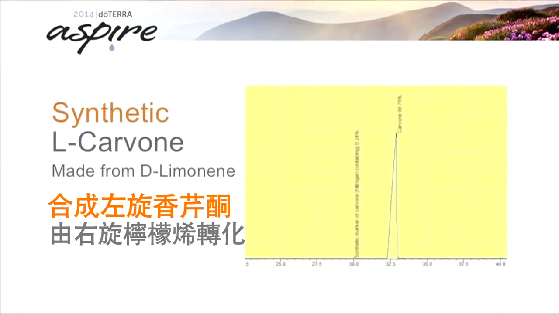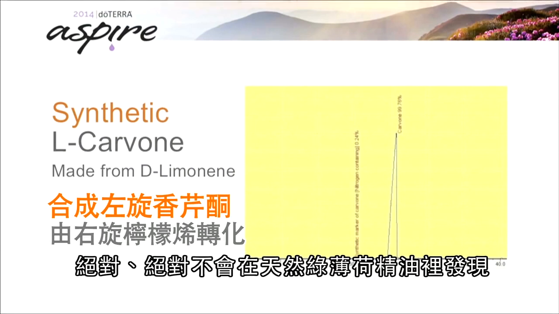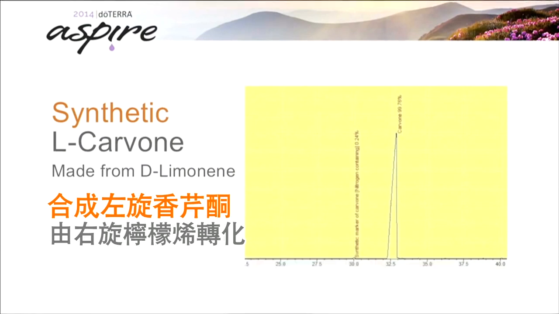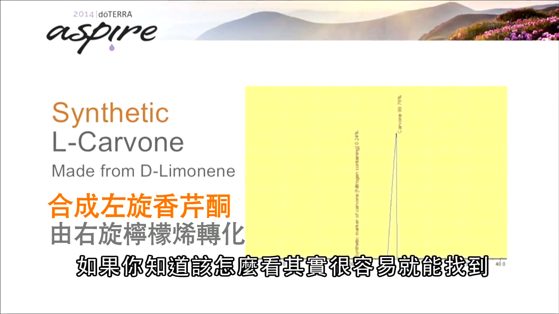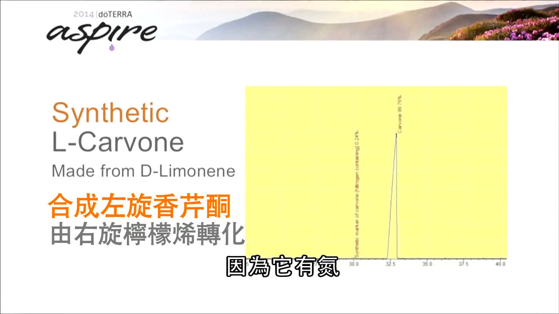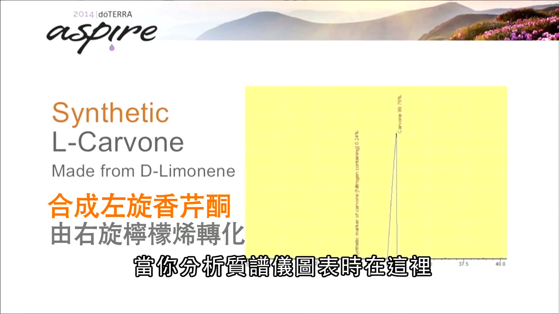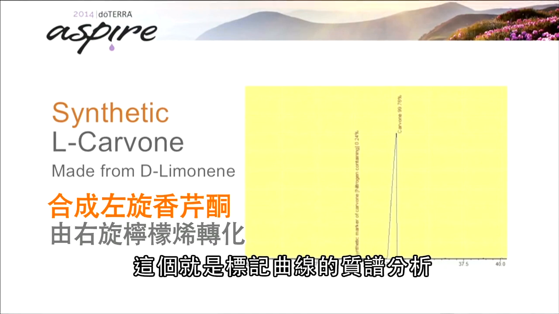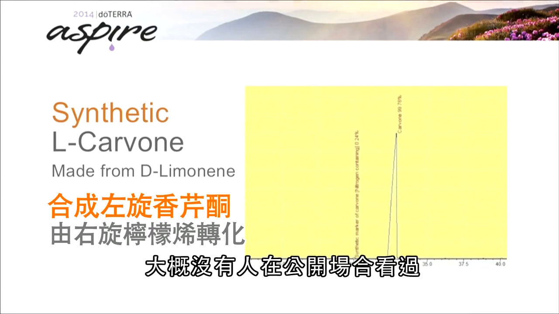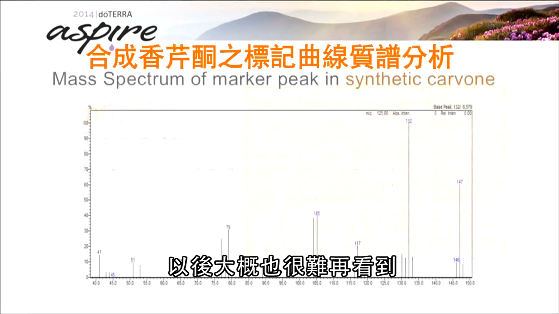That little peak. Not present in natural spearmint oil ever. It's a very easy peak to find when you know what to look for because it contains nitrogen, and very few molecules in essential oils contain nitrogen. When you look at the mass spec, there it is. That's the mass spec of this marker peak. Probably nobody's ever seen this in public before. And no one probably will again.